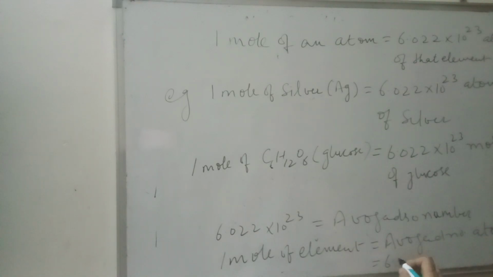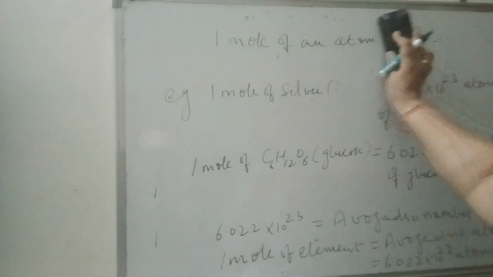That is 6.022 into 10 raised to the power 23 atoms. While 1 mole of a compound, for example, glucose is a compound, it is containing Avogadro number of molecules of glucose.